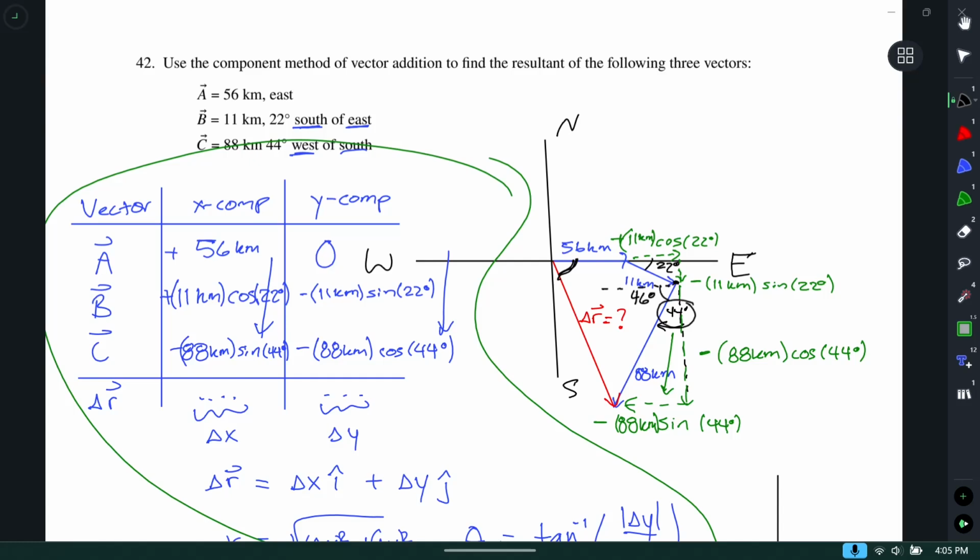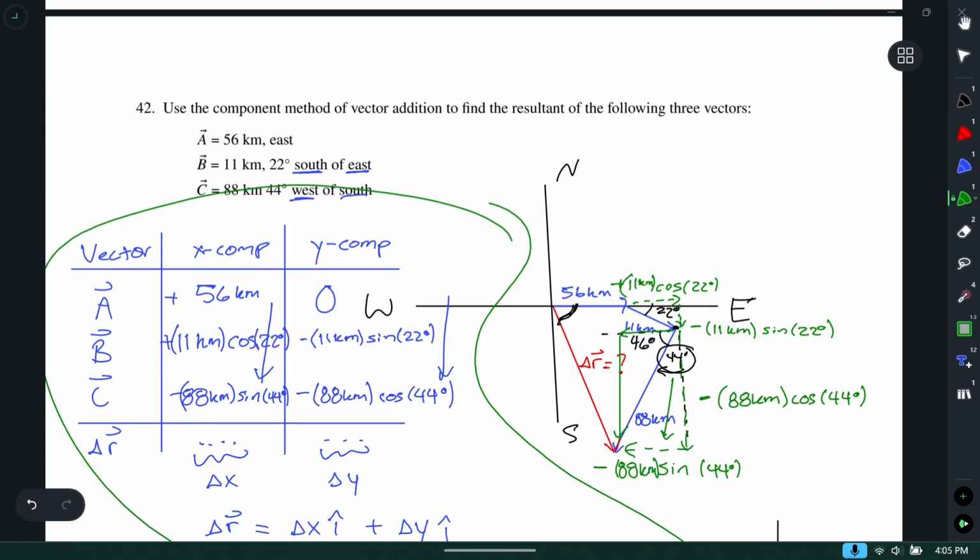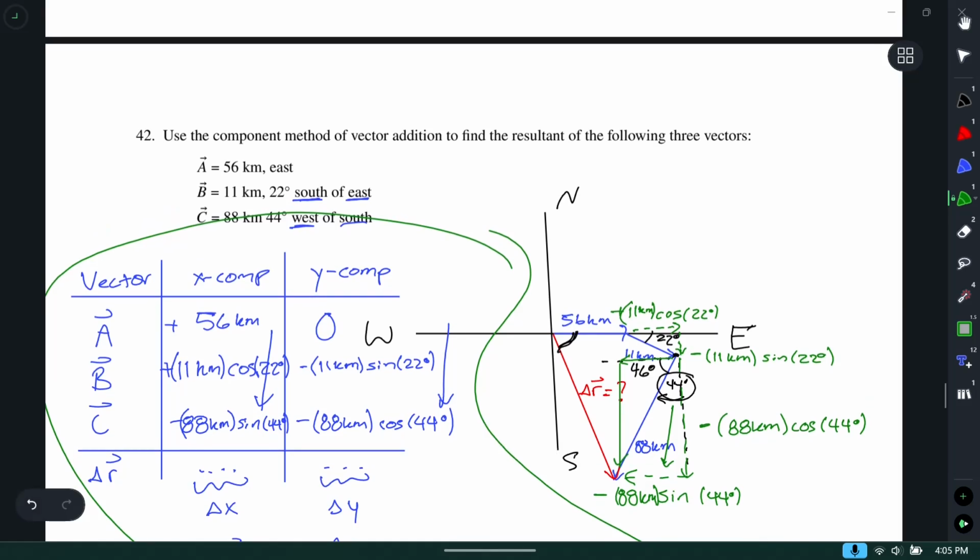In that case, for the x component of vector c, you would use cosine, and for the y component you would use sine. If you want to be even more of a stickler and always use the positive x-axis, then you have to measure that not as 46 degrees, but 180 plus 46, so 226 degrees. In that case, you don't even have to do the signs out front of these things.